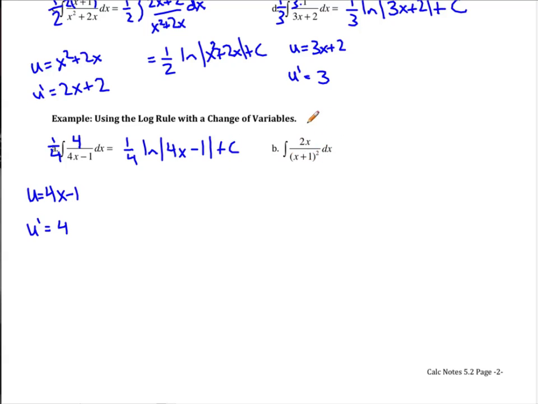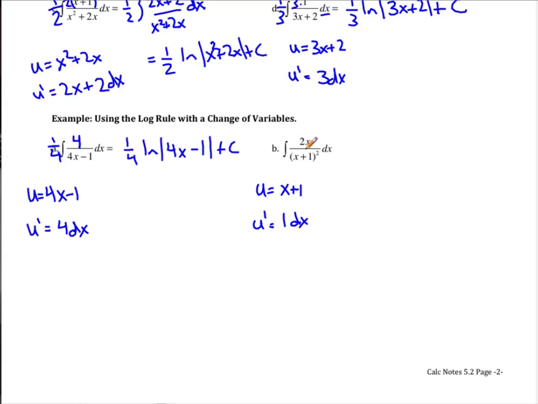In letter B, we have a quantity squared. So we're actually going to let u equal just the x plus 1. And u prime is going to equal 1 dx. And notice I've been a little bit lazy about all of these dx's here. They should technically all have them, so that we actually have u prime in there.